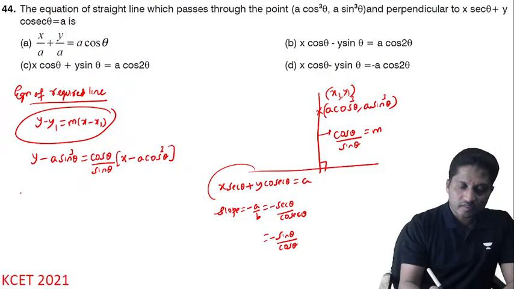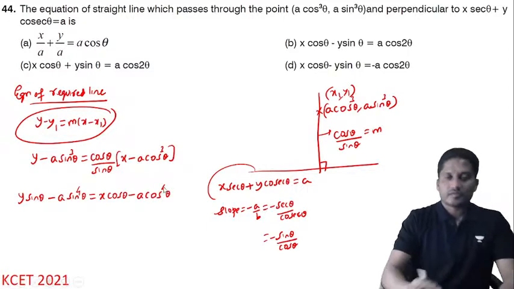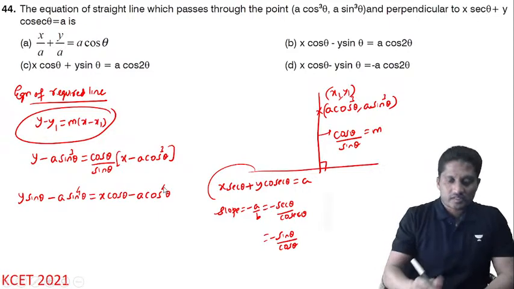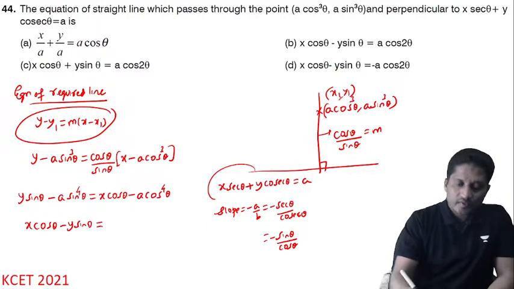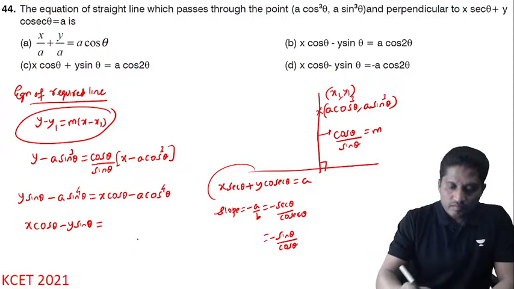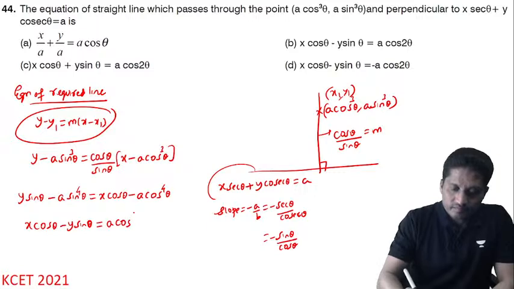If I cross multiply, you will get y sin theta minus A sin power 4 theta is equal to x cos theta minus A into cos power 4 theta. Now if I simplify this, you will get x cos theta minus y sin theta is equal to A cos power 4 theta minus A sin power 4 theta.